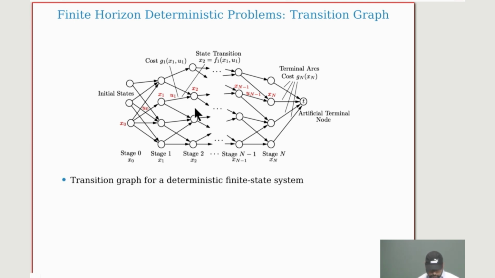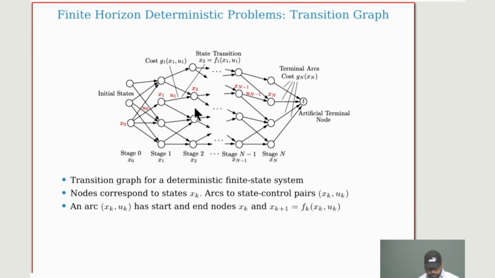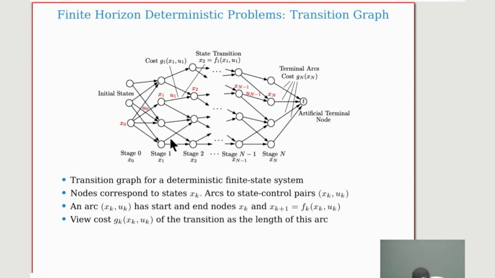So this is the transition graph for the deterministic finite state system. Nodes correspond to states xk, arcs, the edges, will be denoted by the xk, uk pair, and an arc obviously has a start and end node, and the cost is in general denoted by gk, xk, uk, and this could be seen as the length of this arc or the edge weight.